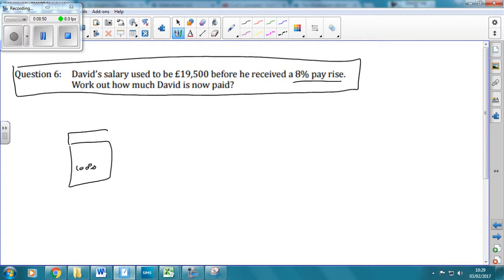We're going to increase it by 8%, so that's going to be 108%, which goes to 1.08. So we're going to do 19,500 times by 1.08, and that equals £21,060.